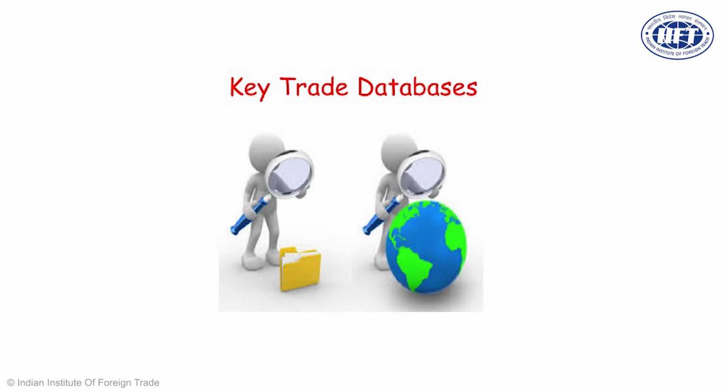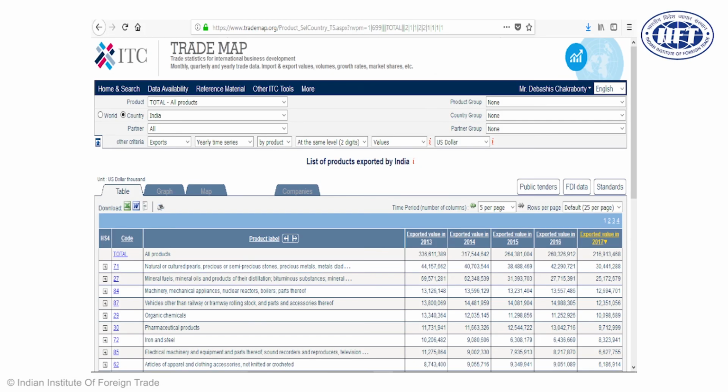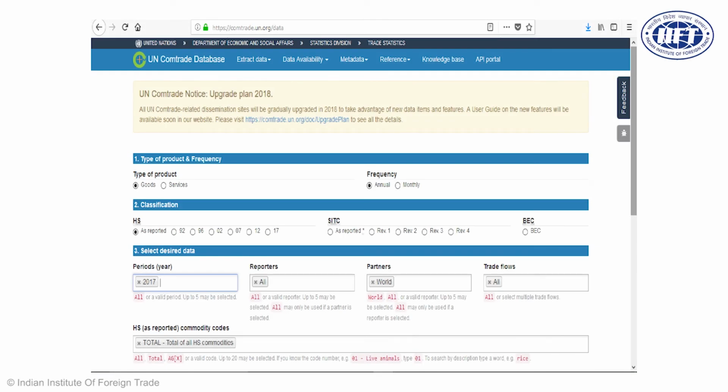Now, what are the various databases that can be accessed for understanding the international market? There are very many databases. We might get some of the databases which are maintained by multilateral bodies, that is, international players. Some of them can be TradeMap, WITS, UN Comtrade database, all of which actually give a very detailed idea about international business.